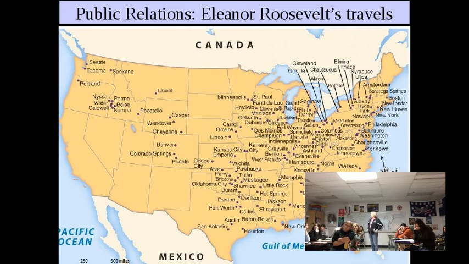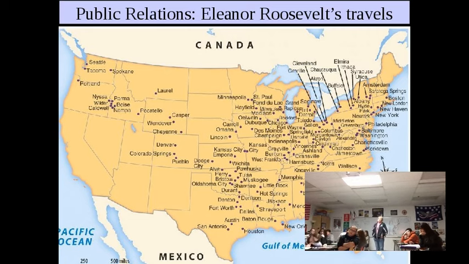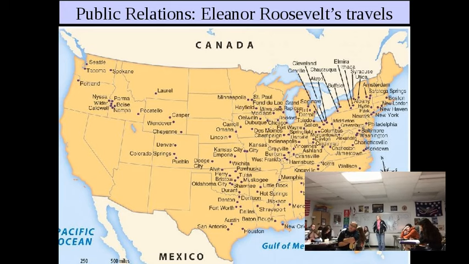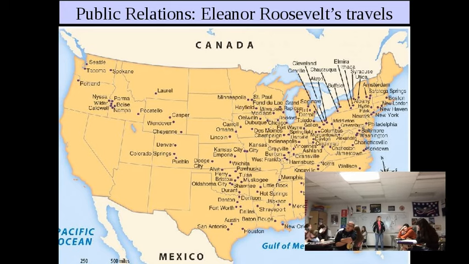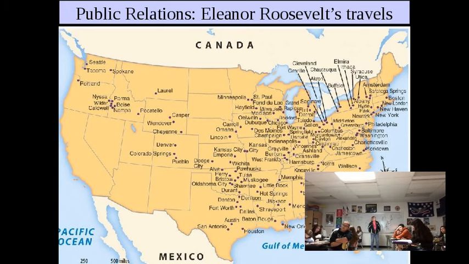The first thing he did was he reached out to them. He made himself available to the American people with his fireside chats. The idea was that people could sit by their radio at night, and he would give them updates, talk to them about what the government's doing, encourage them, and give them the hope they needed to hear.